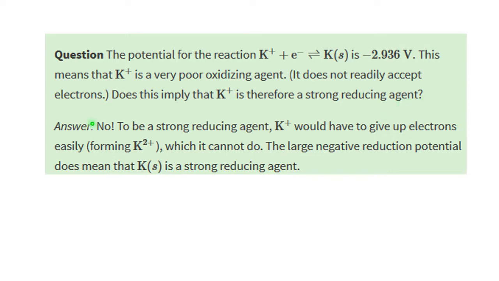The answer is no. To be a strong reducing agent, K plus would have to make K2 plus, which is absolutely impossible. Who is the strong reducing agent? That's K. So when we're talking about reduction, we are looking at the opposite direction. A reducing agent oxidizes, so the reaction is going from K to K plus, from right to left.